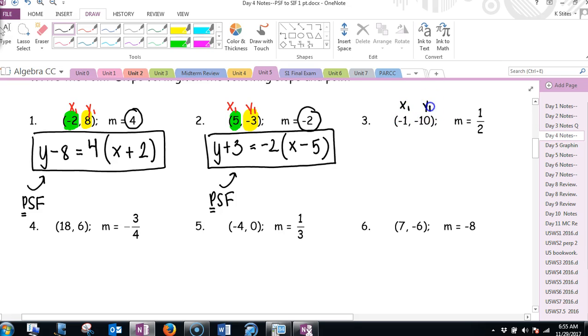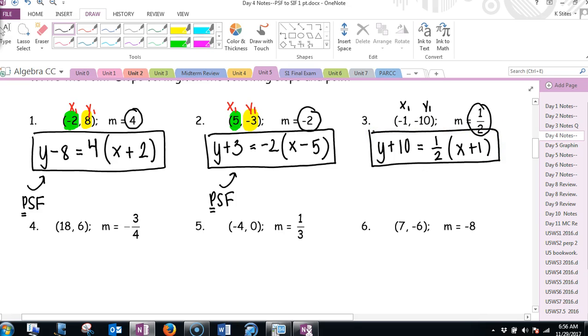x1, y1. You have y, and then the opposite of your y-coordinate, so +10, equals your slope, parentheses, x, opposite of your x-coordinate. So this is a -1, it becomes a +1. Alright, so your signs are just changing, that's it. Do not distribute, just leave it.